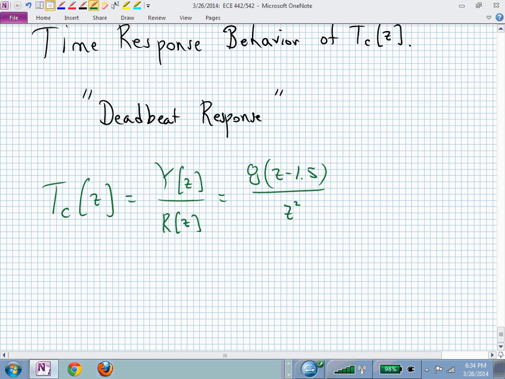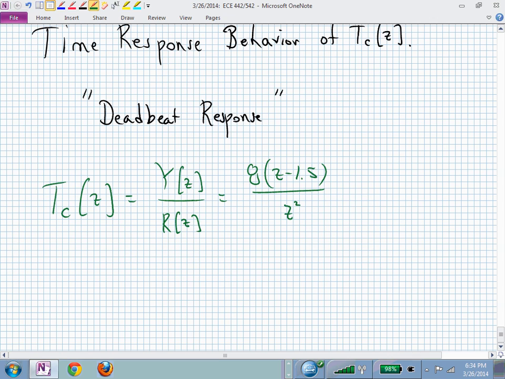But this is one of the nice things about being able to stabilize unstable systems, is that you don't have to solve differential equations. You can just play with difference equations. So if I now want to relate Y and R, why don't I play not in Z's, but Z inverses? Let me multiply by an effective 1, which is Z to the minus 2, since my highest power of Z is Z squared.